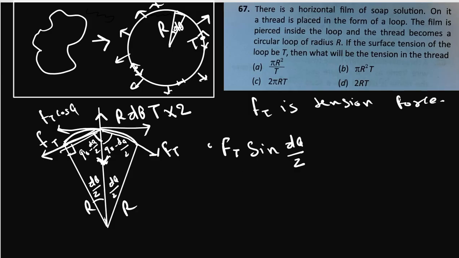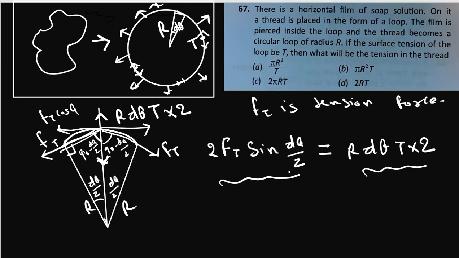So the total force will be 2 Ft sin d theta by 2, and this force will balance R d theta T multiplied by 2. This is the force due to surface tension which is acting outward, and this is the force due to tension in the rope which is acting inward. One component of Ft inward is 2 Ft sin d theta by 2, and the components Ft cos theta on each side will balance each other.